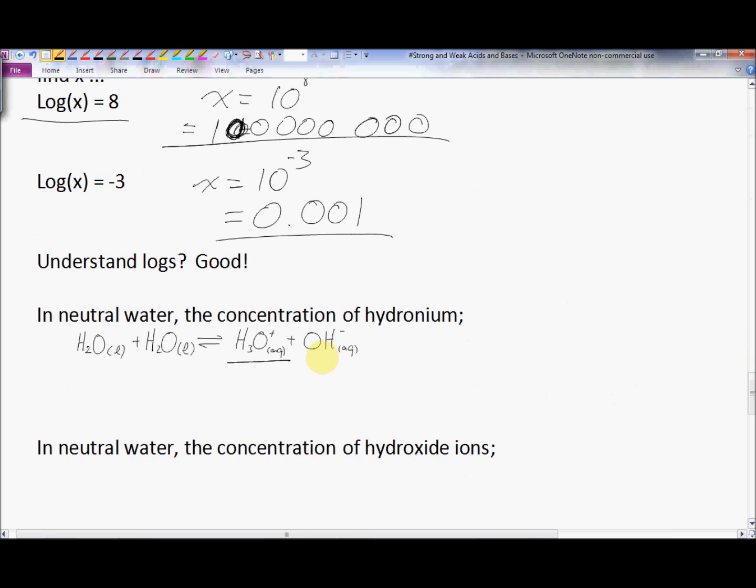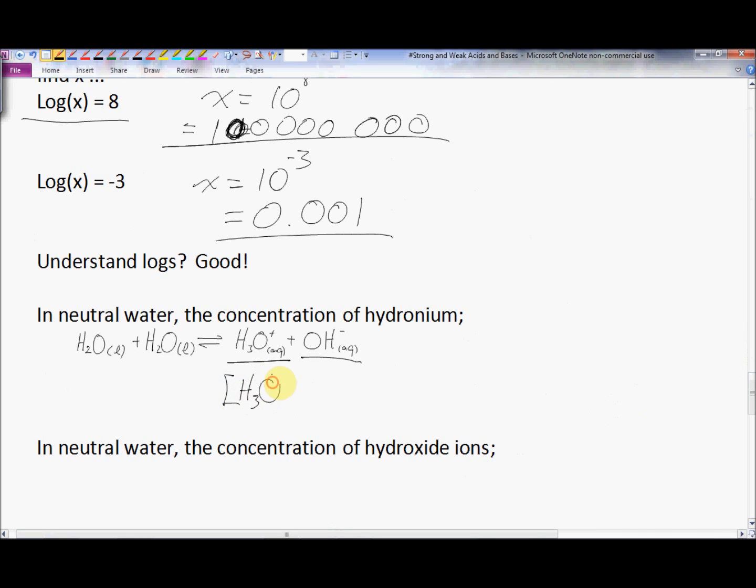This is a temporary thing. They go back and forth between being ions and being water. Basically, you've got an equal concentration of hydronium as you do of hydroxide. So there should be an equal amount of each.